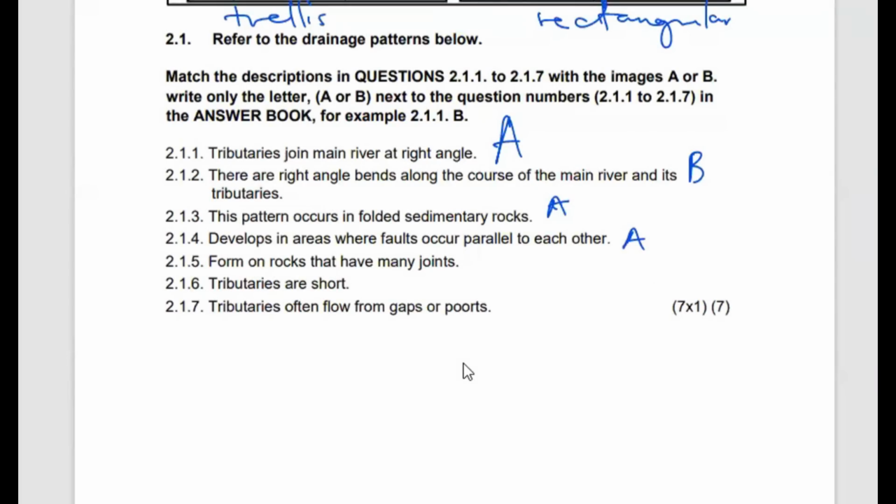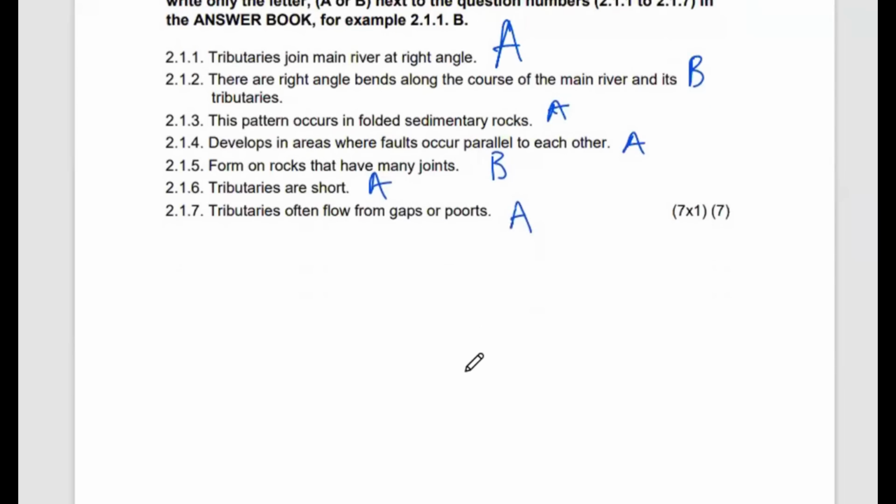Number 5, rocks with joints, they give us a rectangular pattern, which is B. Tributaries are short, that is automatically A. And tributaries often flow from gaps or from the ports. That is typical of A, like what I've just mentioned. So those are our correct responses for the first question.